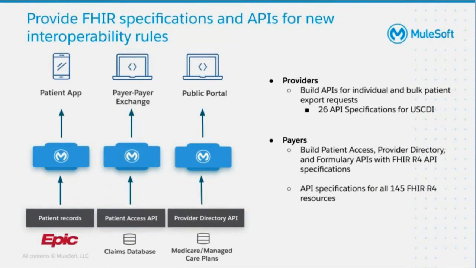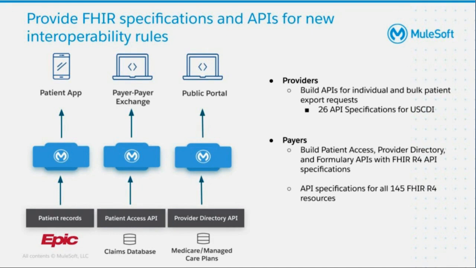As you can see, we've built the accelerator to work along with government entities and legislative requirements, which leads me to my personal favorite use case, meeting the interoperability mandates with the FHIR specifications and APIs provided through the accelerator. I'm sure the CMS and ONC interoperability mandates have been top of mind for a lot of you. In response, we've provided the full library of 145 FHIR R4 API specifications, 26 of them adhering to the US Core profile.